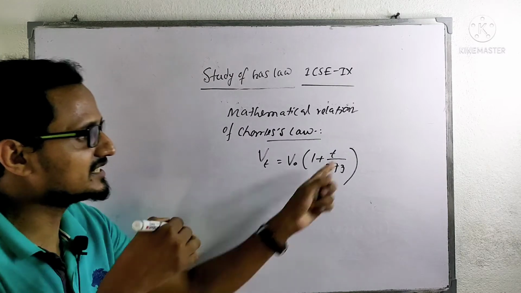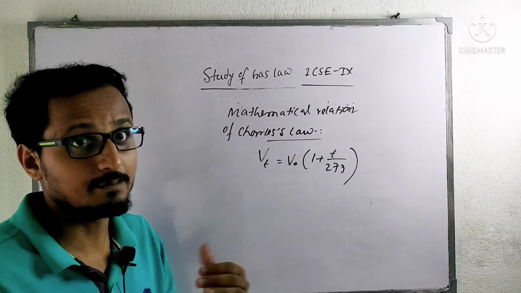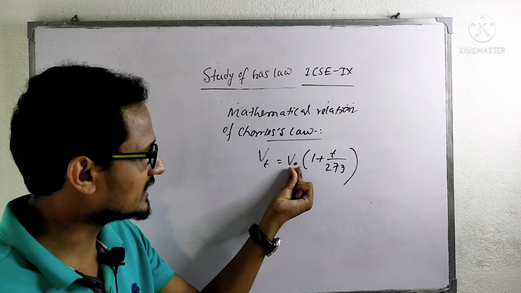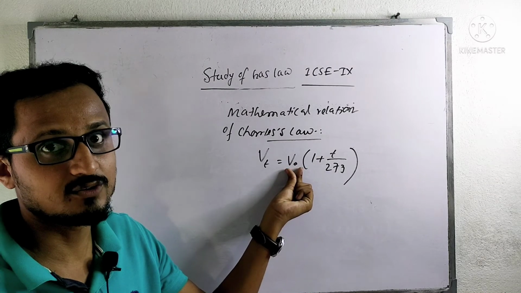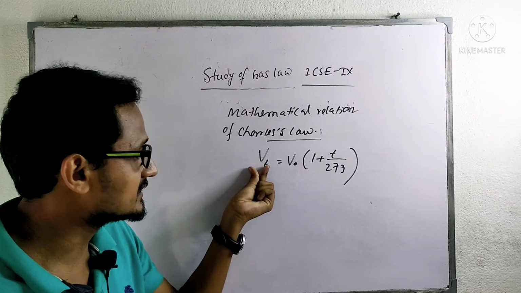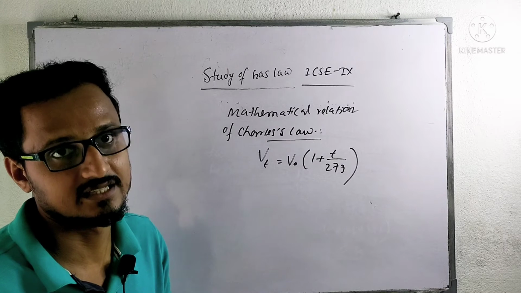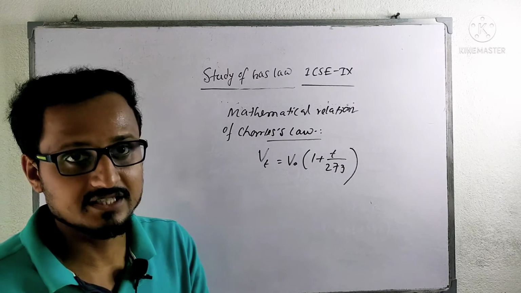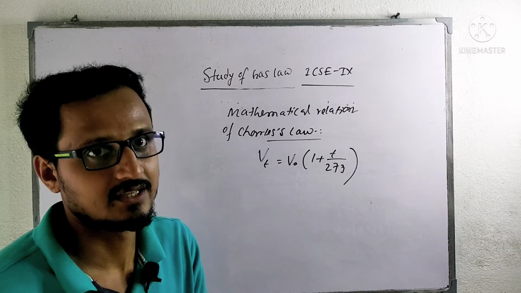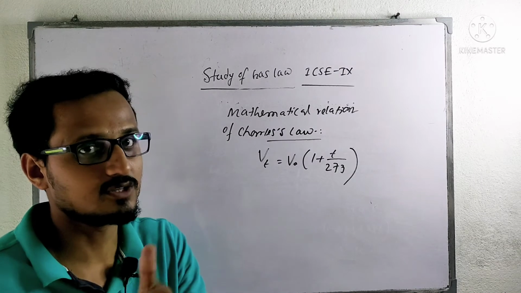Here T is the temperature, V0 is the volume of the gas at 0 degree centigrade, and Vt is the volume of the gas at T degree centigrade. Now if the temperature is minus 273 degree centigrade, the volume of gas becomes 0.